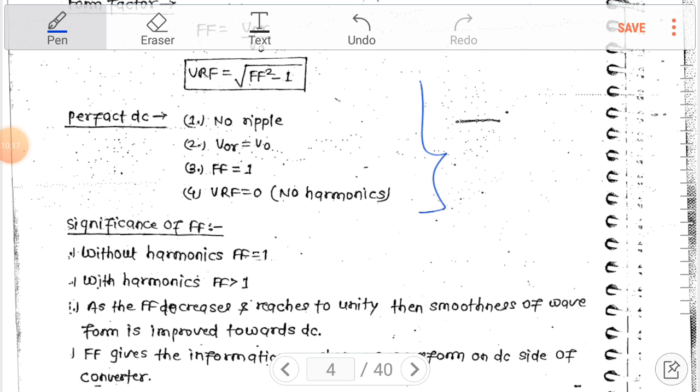These are the points we have to generalize: for perfect DC there should not be any ripple. It means the magnitude of nth harmonic components will be equal to 0, output RMS equals the DC voltage magnitude, form factor will be equal to 1 and voltage ripple factor will be equal to 0.